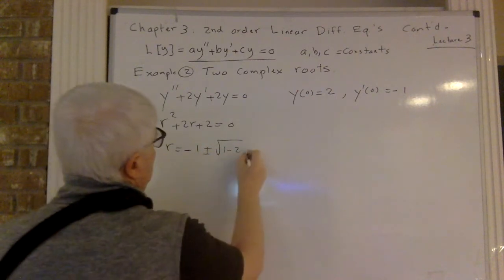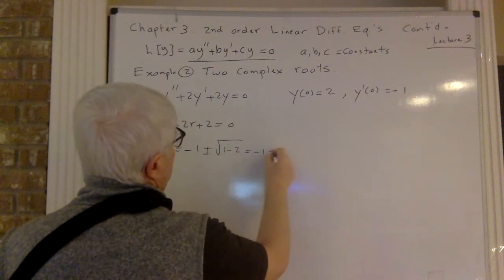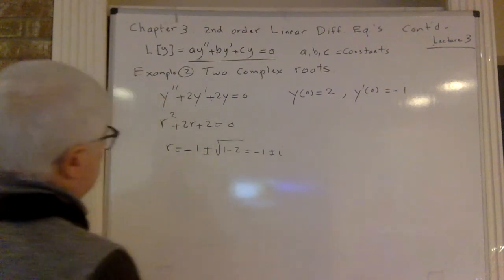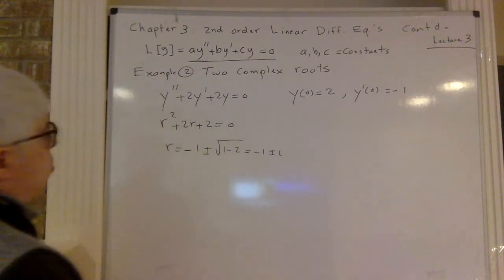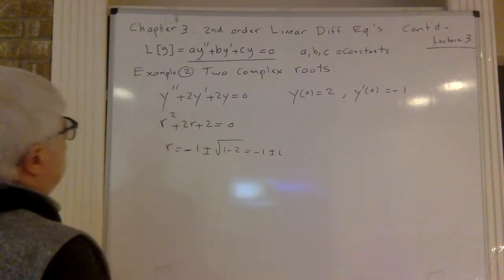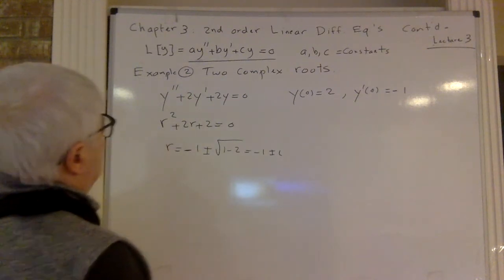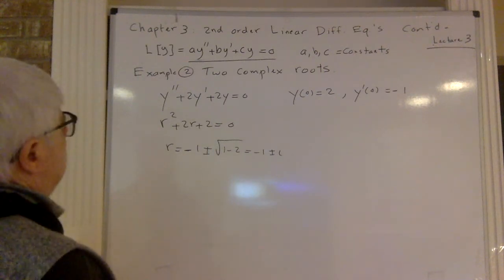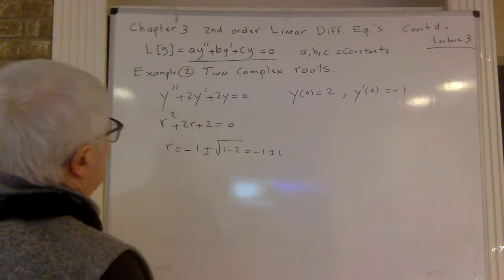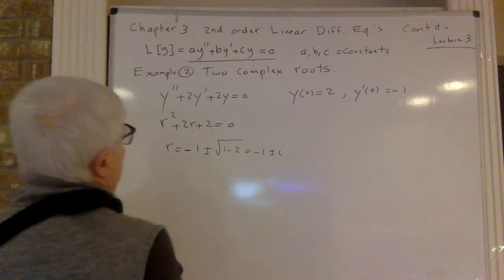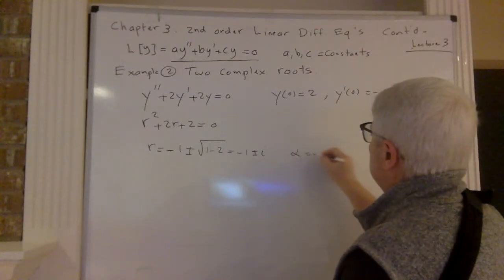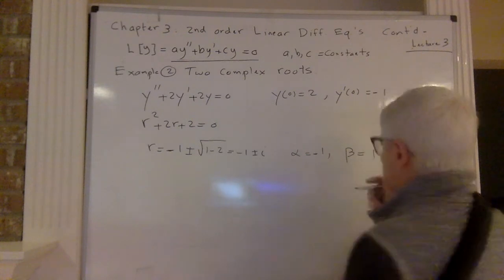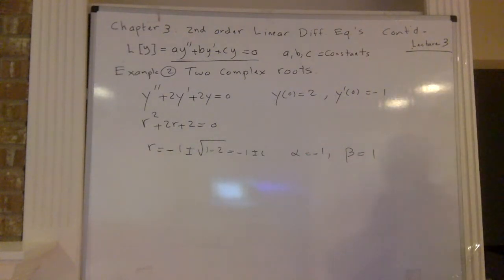So this is in fact minus 1 plus minus i. Okay. So let me double check. Okay, correct. So what is alpha and what is beta? Alpha is in fact negative 1 in our case, and beta is 1.